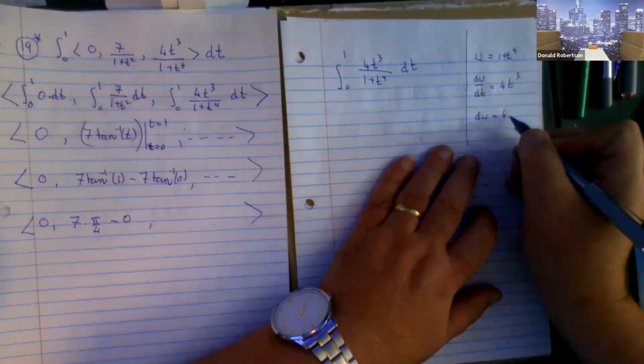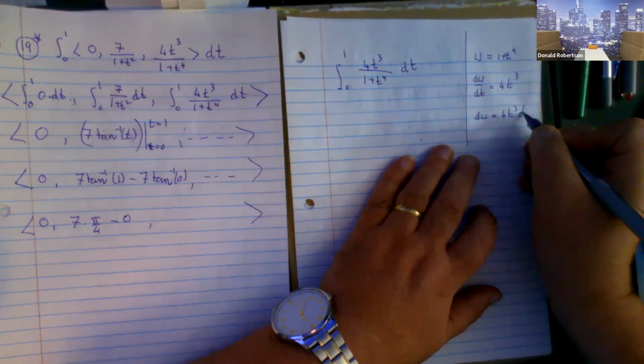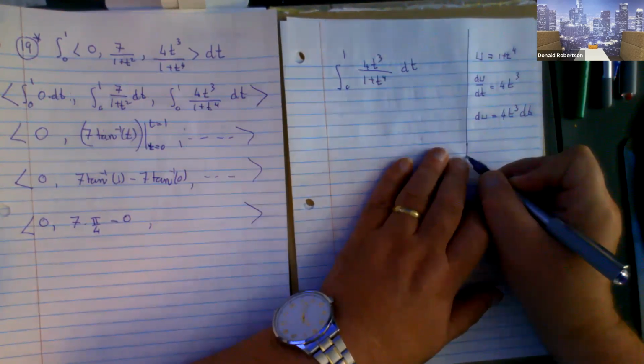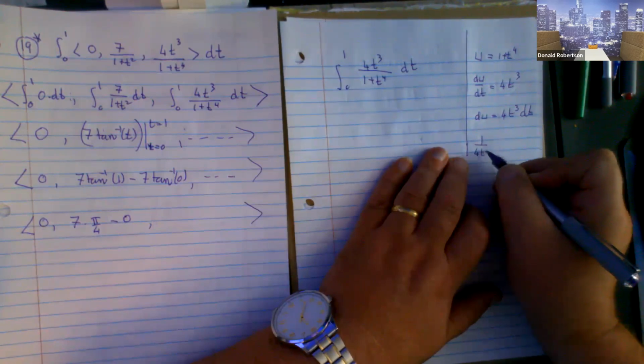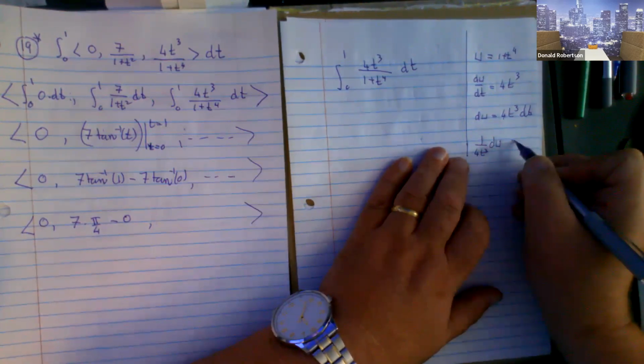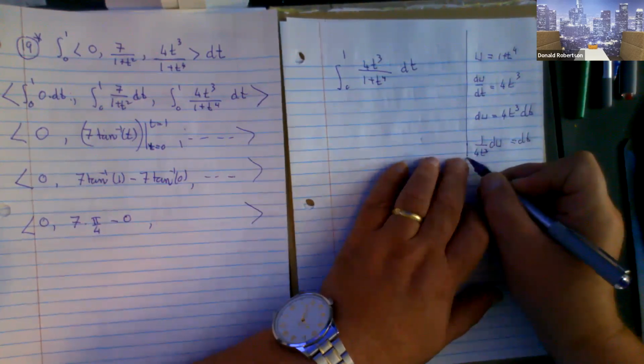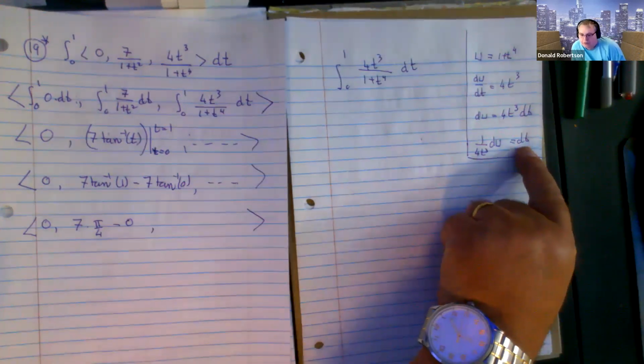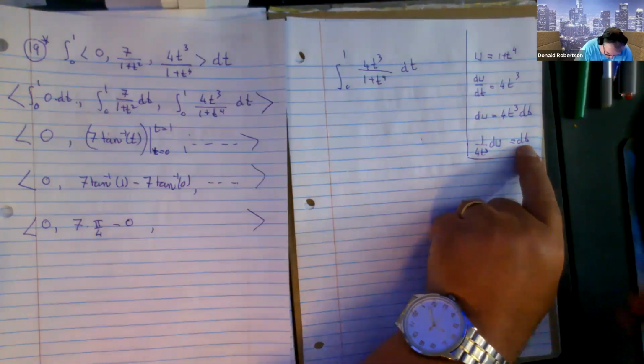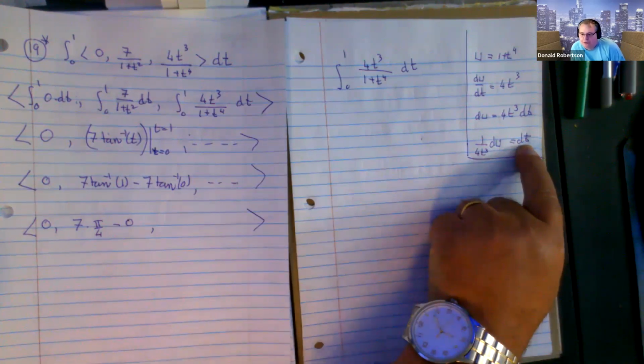If you then do the crossover, and you always finish by dividing, in this case by 4t cubed, to isolate the dt. When you do a u sub, your normal goal is to get what is dt equal to. That's what you're after, right? What is dt equal to?